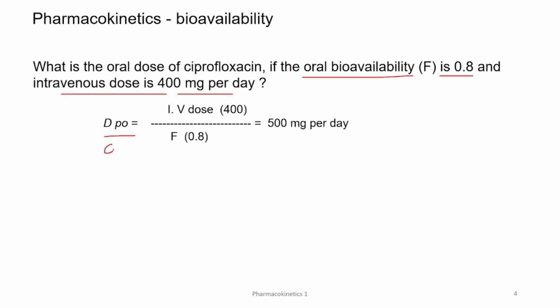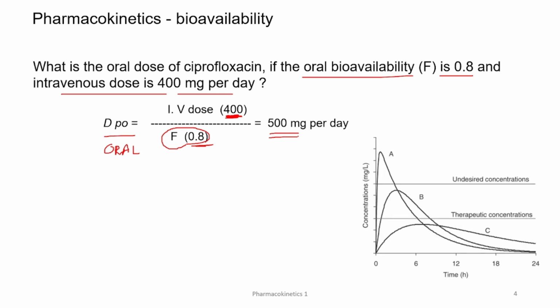This is oral. To get an oral dose, we need an IV dose here and bioavailability. You divide by bioavailability and we get the dose required orally. Make a note of this important point, how you calculate the oral dose.